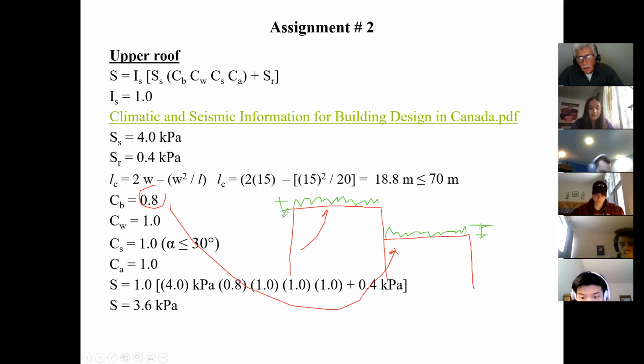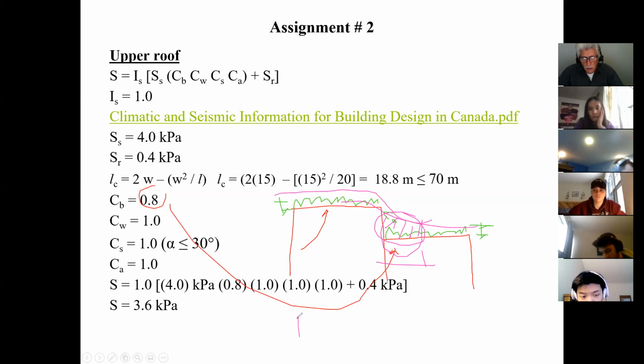Now, here, the CA value is going to change. Why? Because of the snow drifting off and having a different shape here, okay? And therefore, within a certain distance away from here, we will worry about how much more snow load can accumulate on your roof because of snow drifting off this roof onto that roof, okay?